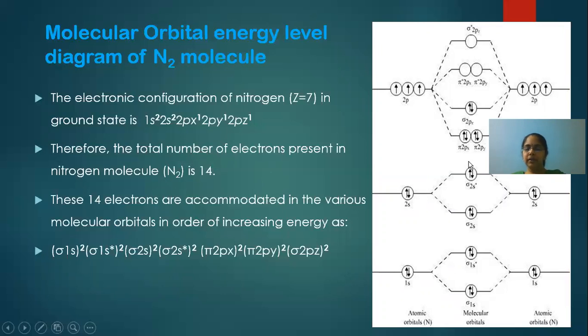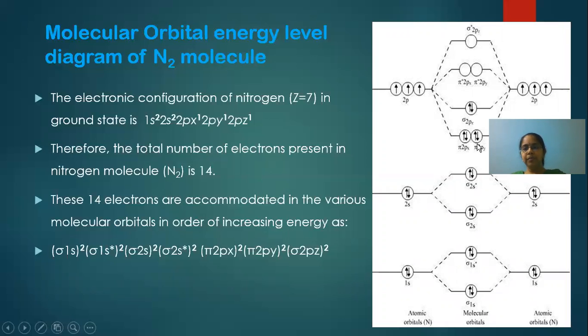Now the next electron, the 9th electron, enters into the pi 2px orbital. Now the 10th electron will not enter into pi 2px, but it enters into pi 2py because these two are degenerate. Here Hund's rule is applied. So the 11th electron will enter into the pi 2pz orbital.